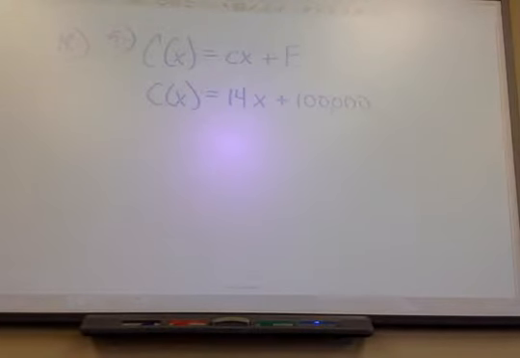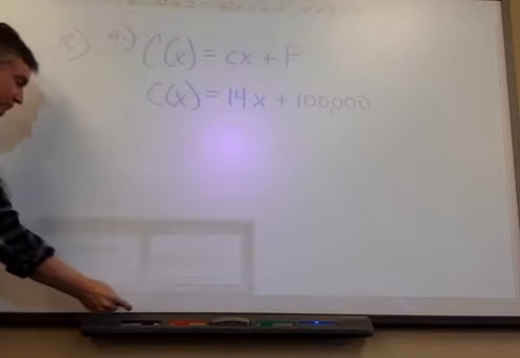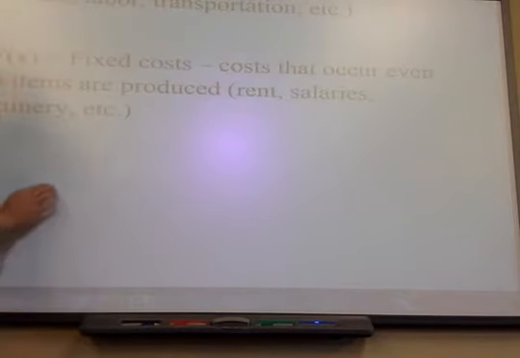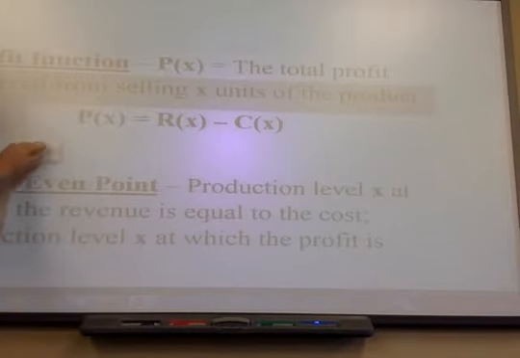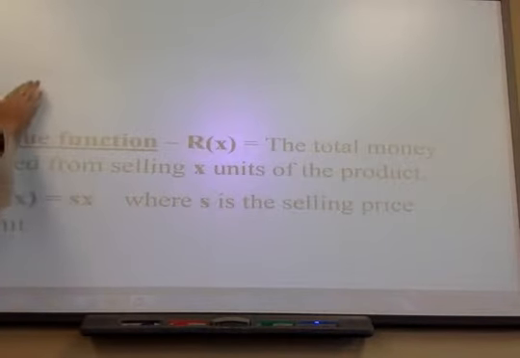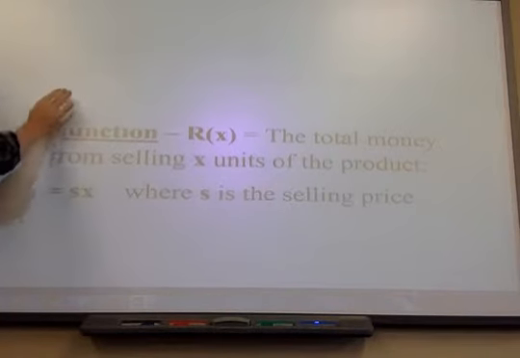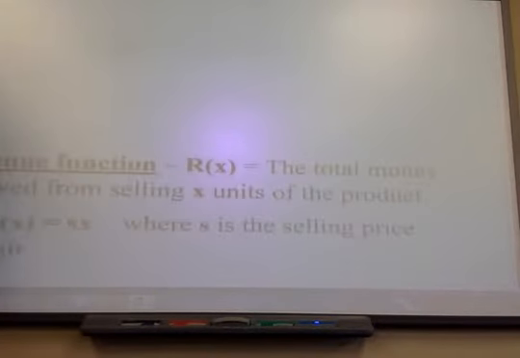Part B says, what's the revenue function? Let's define that. The total money, R of X, is the total money received from selling X units of the product. The revenue function R of X is equal to little s times X, where s is the selling price per unit.